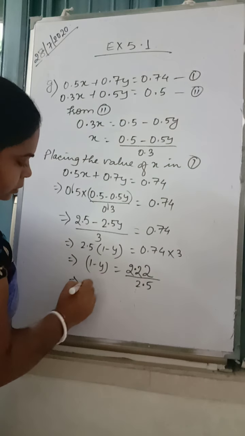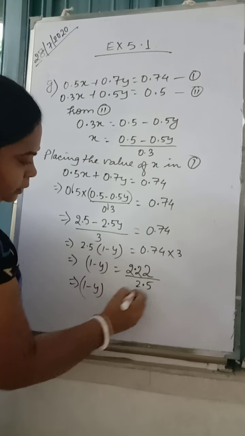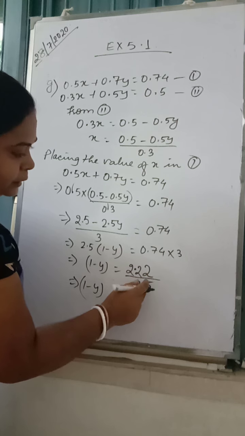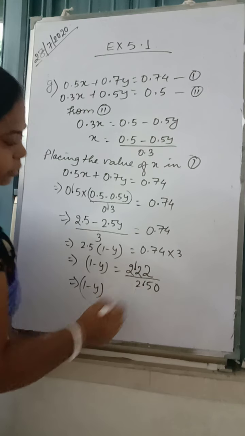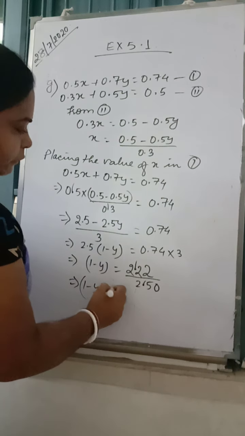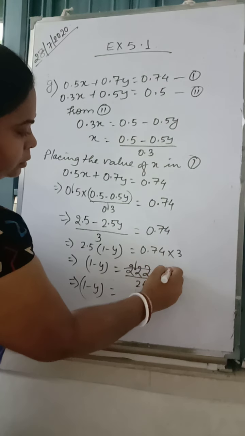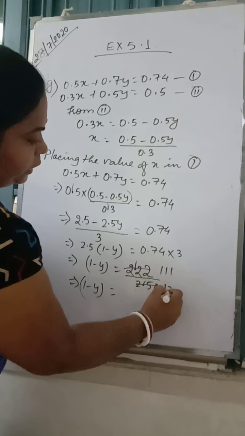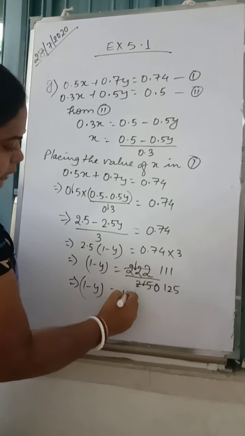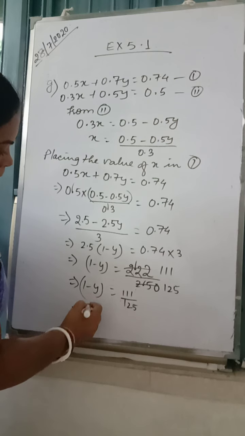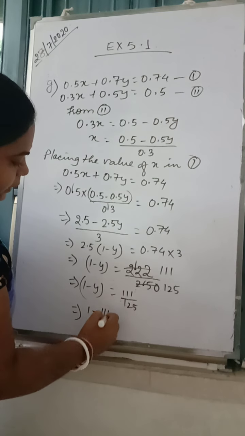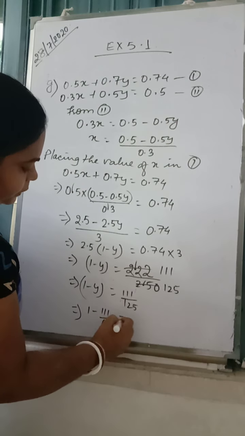Or 1 minus y, if I remove a decimal, down 1, so I will be giving 1 zero downward. Both are divisible by 2, 125. So it gives you 111 by 125, or 1 minus 111 by 125 is equal to y.